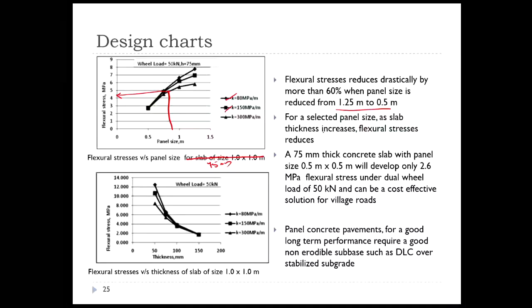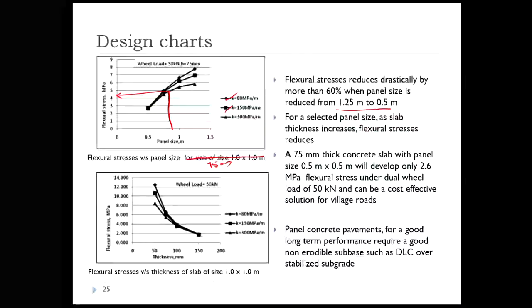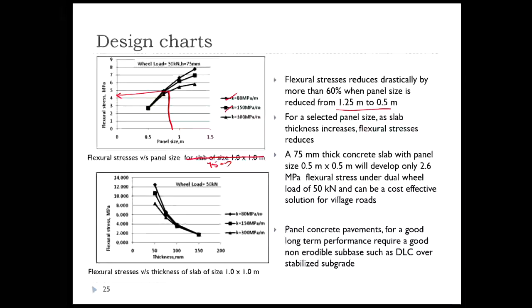Now, when we increase the thickness of the concrete slab, our flexural stresses also tend to decrease. So one needs to optimize the thickness and the slab dimension. Thereby you can even have concrete pavements with a thickness less than 150 mm.